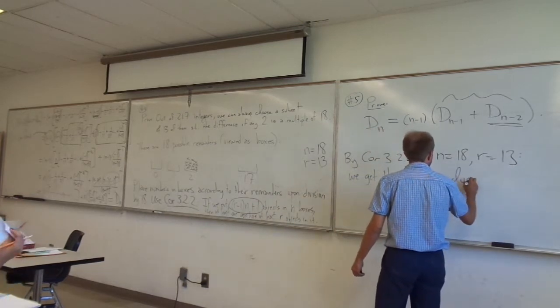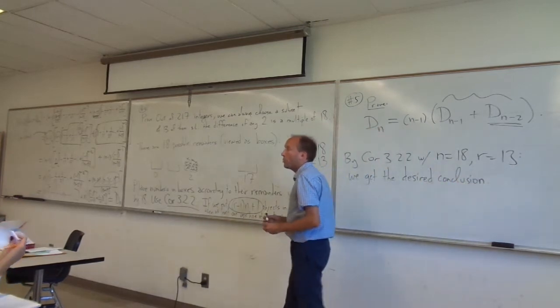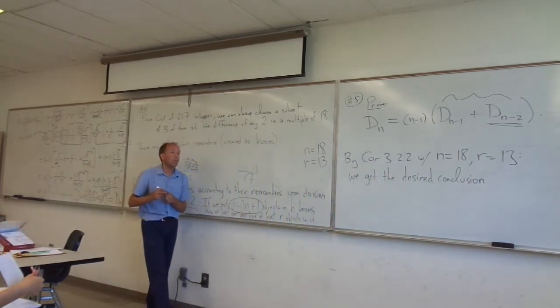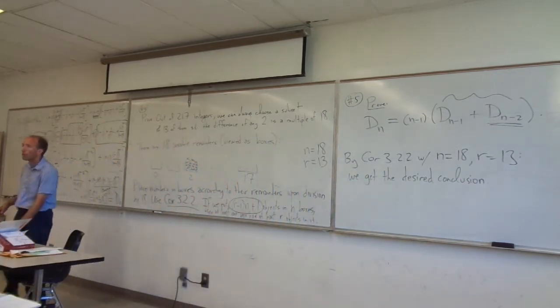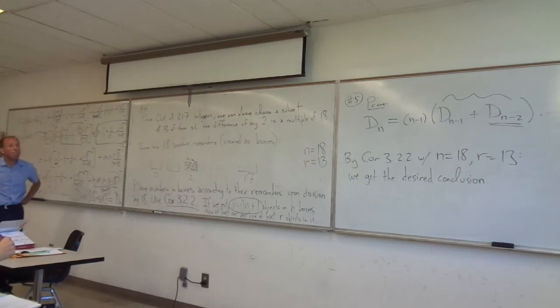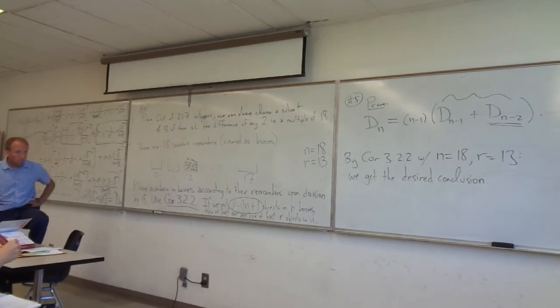There's nothing else. The corollary states what you want to say, so you don't actually have to say it if you've already written down the corollary. So we don't need to write like, if there's at least 13 objects in one box, then that means that there are at least 13 integers, two of them multiples of 18.